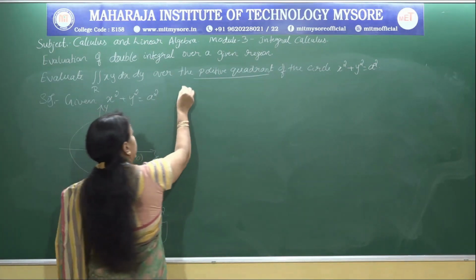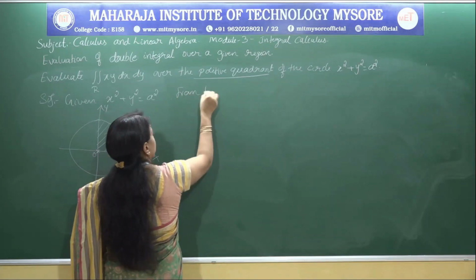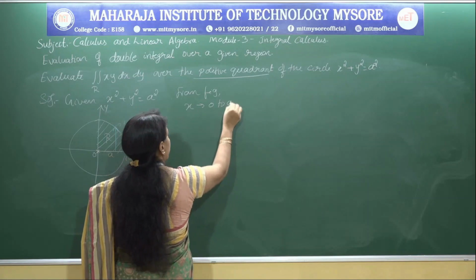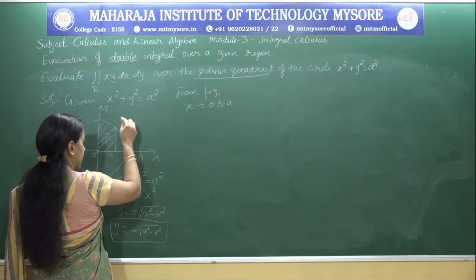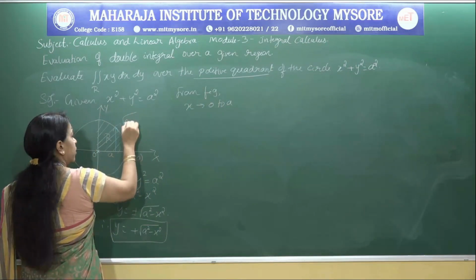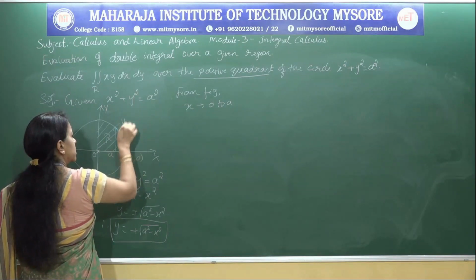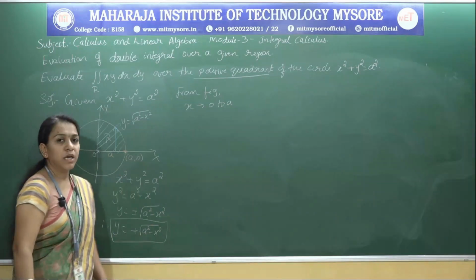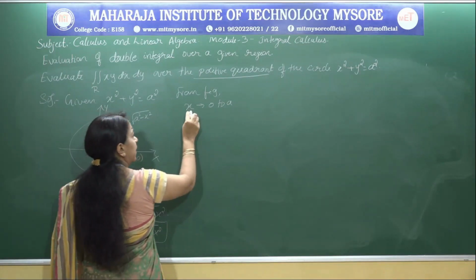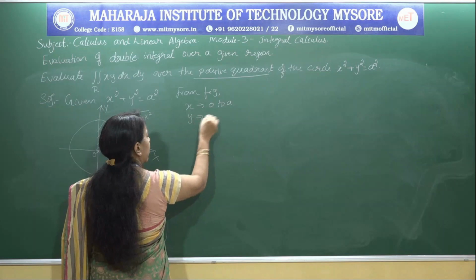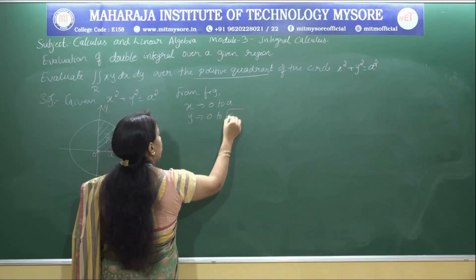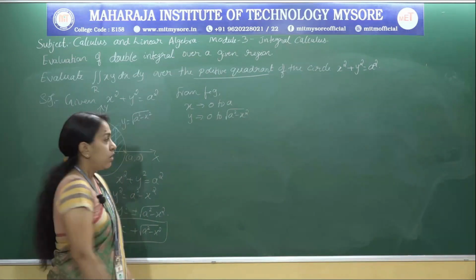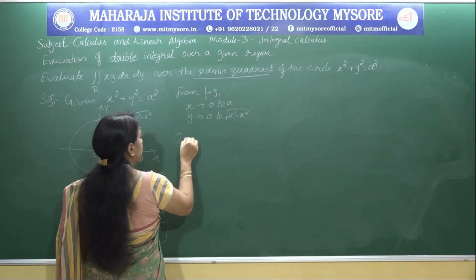Therefore from the figure, x varies from 0 to a, and the upper boundary is y equal to root of a square minus x square. So x varies from 0 to a and y varies from 0 to root of a square minus x square. Now consider the given double integral.